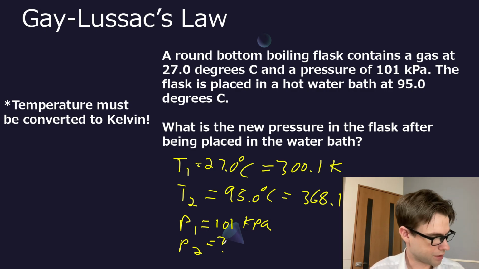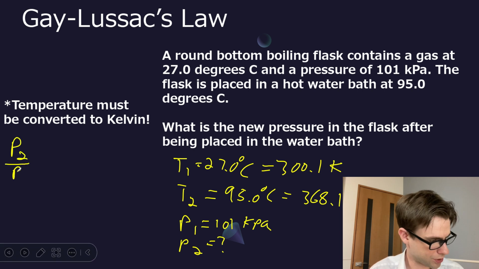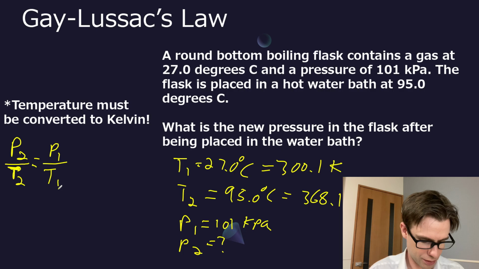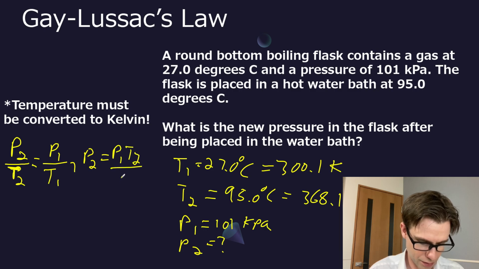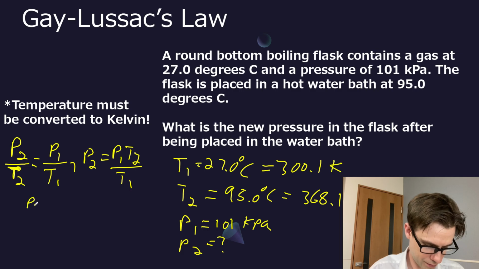Okay, so let me write this on the left. We'll have Gay-Lussac's law with what I'm looking for on the top left. Final pressure over final temperature equals initial pressure over initial temperature. And I want to solve this for P2. So P1 T2 over T1. Then just put the numbers in.